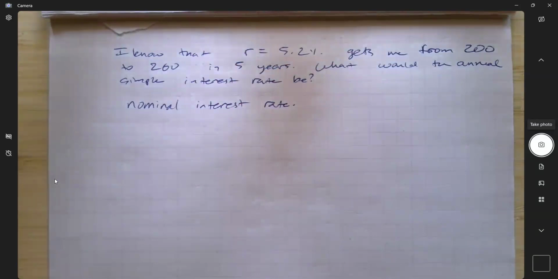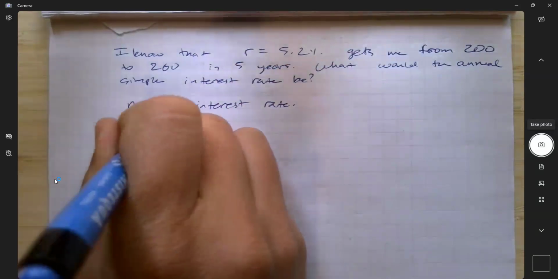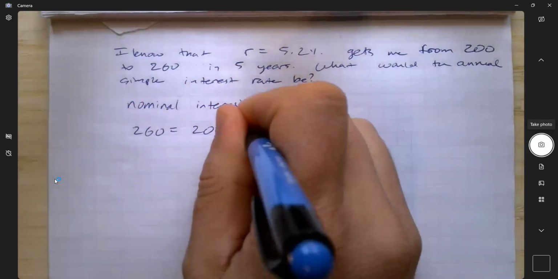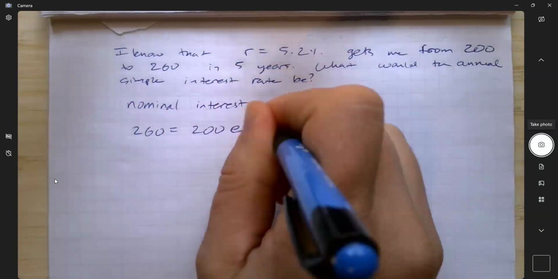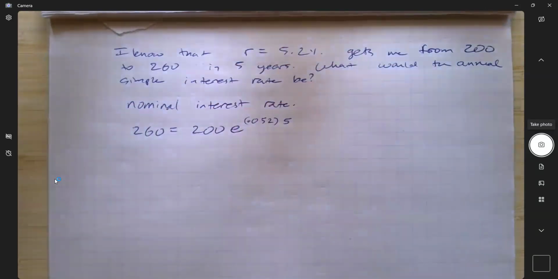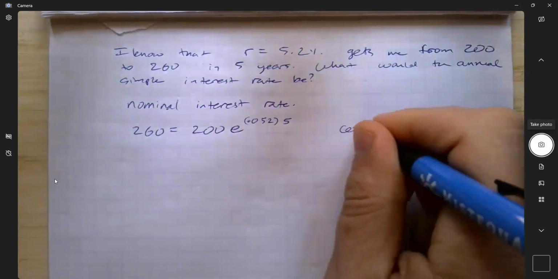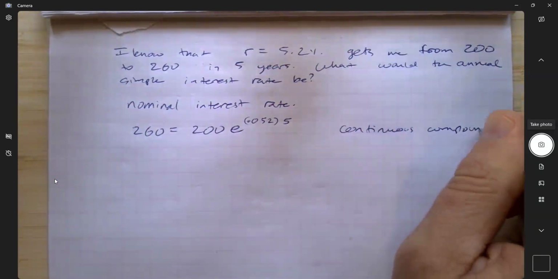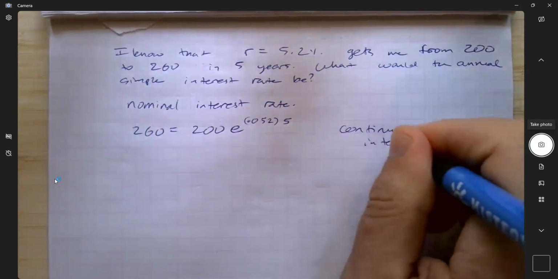Well, it's fairly easy. So here was my actual calculation using continuous compound interest.